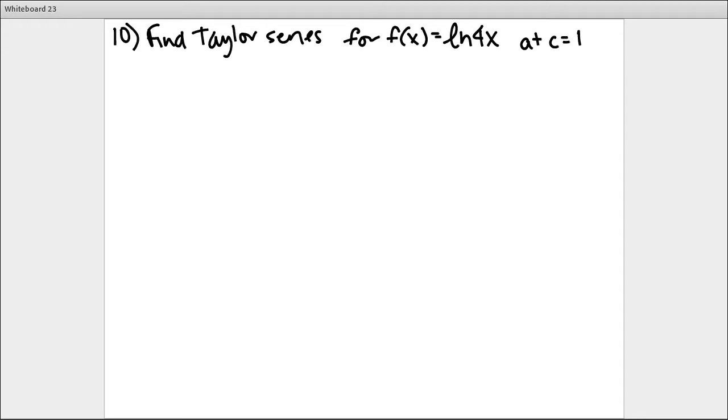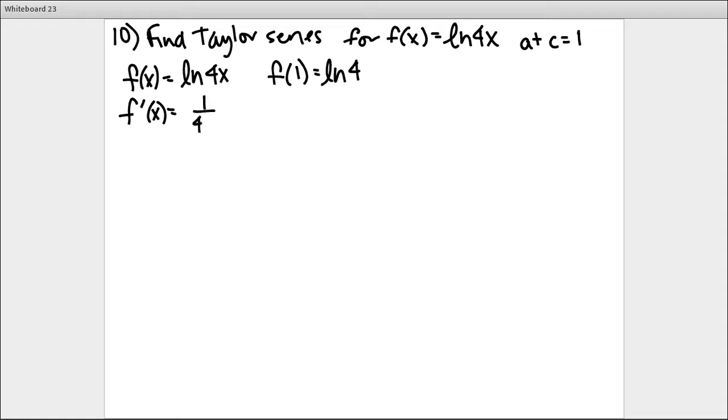You start going, all right, what's f of x? Well, f of x is just the natural log of 4x. So what's f at 1? Because you evaluate it there. Well, that would be the natural log of 4. Then you find the first derivative. The derivative of natural log of 4x would be 1 over 4x, but then chain rule says times 4, because you need to take the derivative of the 4x.